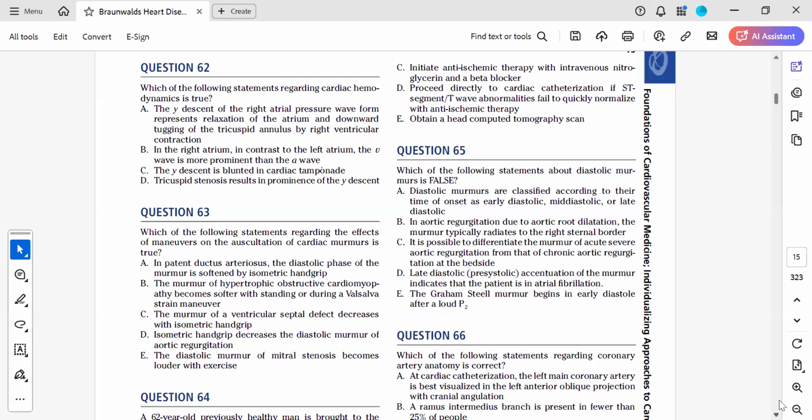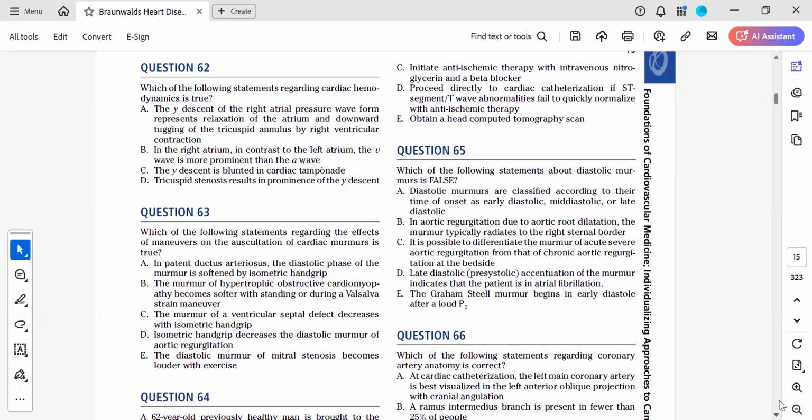and after atrial contraction, we expect the atrium to relax. So during atrial relaxation, the pressure falls, we have the X descent. Atrial relaxation coincides with ventricular contraction. During ventricular contraction, at the isovolumic contraction stage, there's buildup of pressure in the ventricle that causes closure of the tricuspid valve.